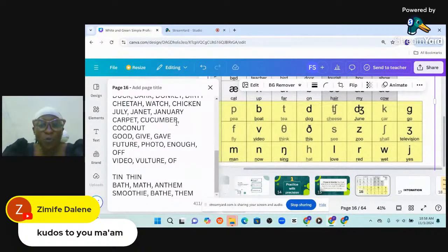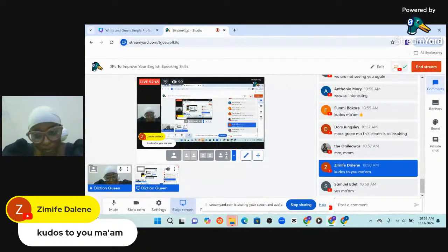Now you might be wondering, how do I identify these TH sounds in words? One beautiful thing about these TH sounds is that when you have them in words, all you have to do is stick out your tongue.